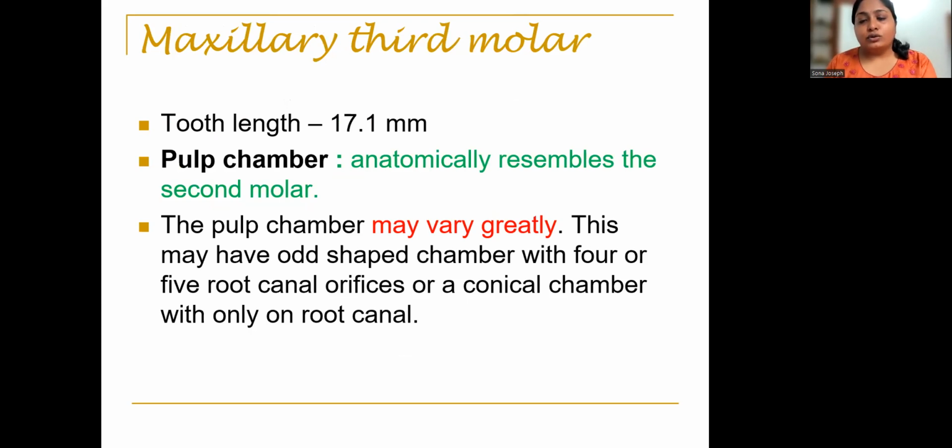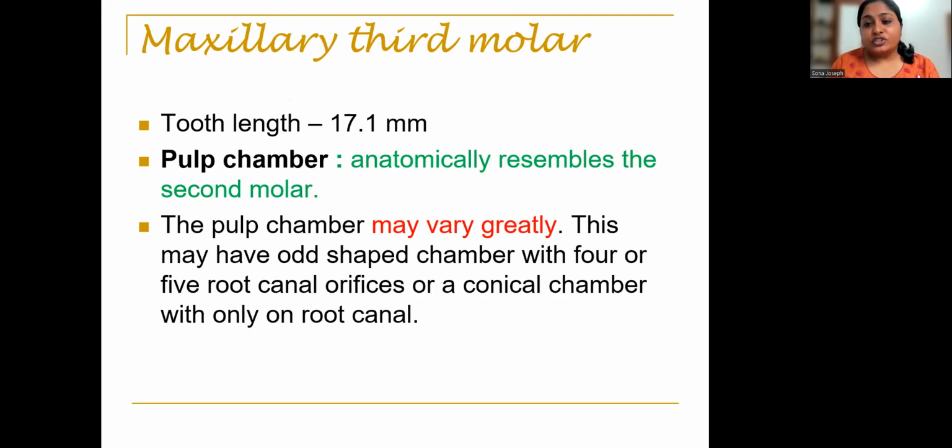The maxillary third molar, now we can't define exactly that it will have such and such anatomy. It can have maximum variation. It can range from 1 canal, or 1 canal splitting into different canals. There can be 2 canals or there can be 3 canals. But anatomically, it more or less resembles the second molar. And the pulp chamber may vary greatly.